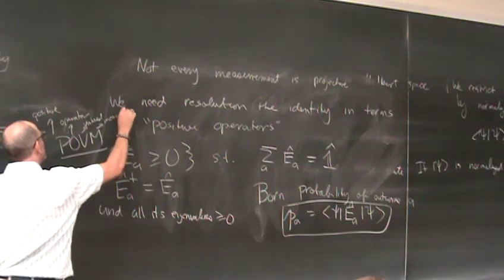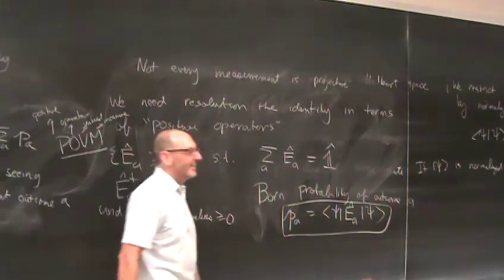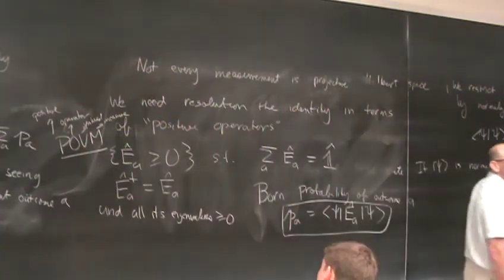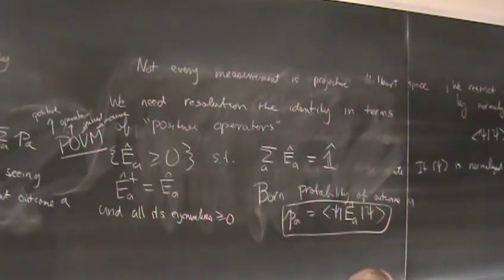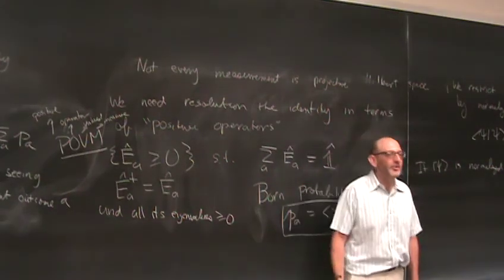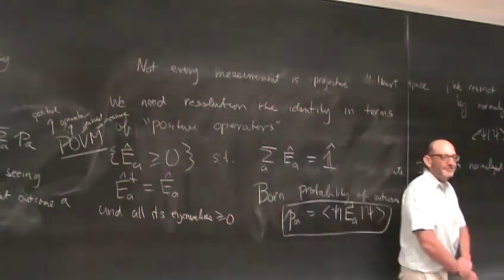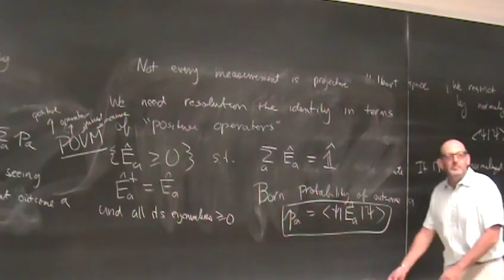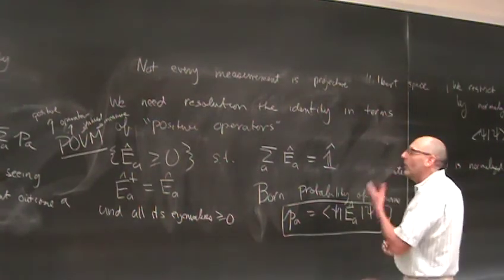It has to do with measure theory and so on, but it doesn't matter. It's the thing previously known as the positive operator value measure. We just call them POVMs, so no one even knows what it stands for anymore. But a POVM, so, all right.